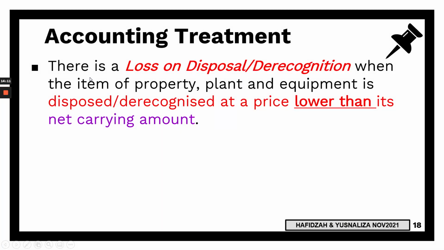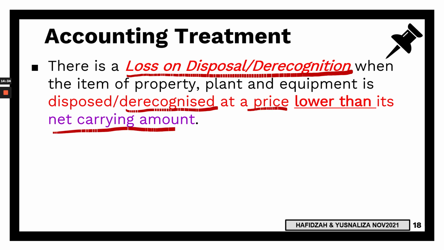And the next agenda is to look at whether there is any loss on disposal in a situation of derecognition of property, plant, and equipment. This will normally happen when the disposal proceeds are lower than the carrying amount.